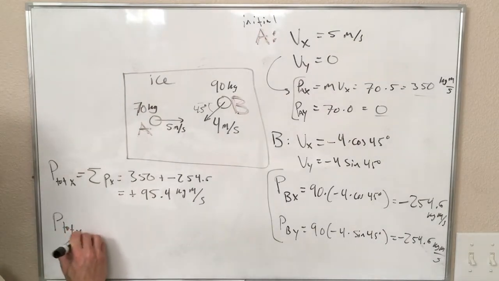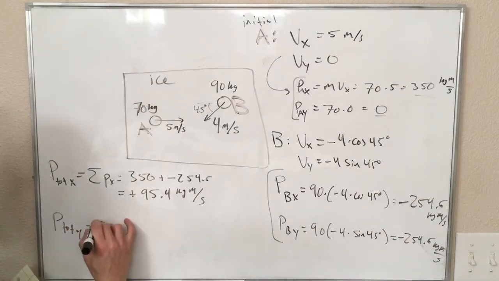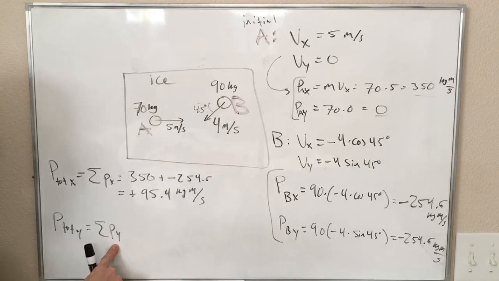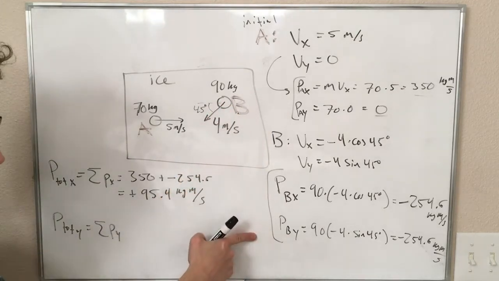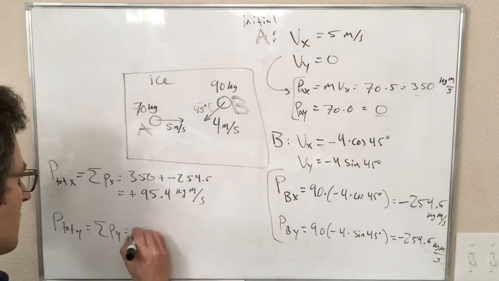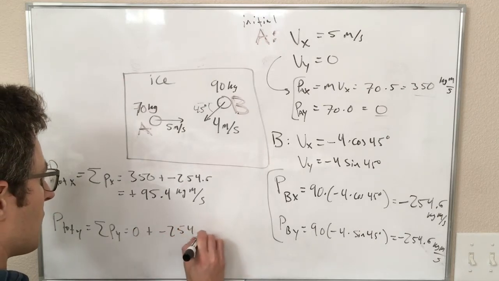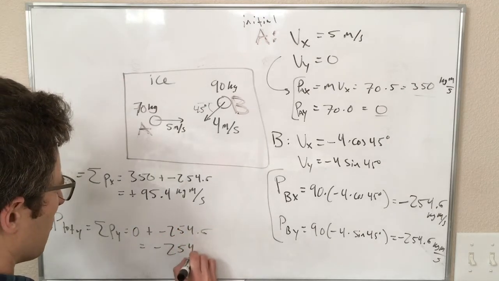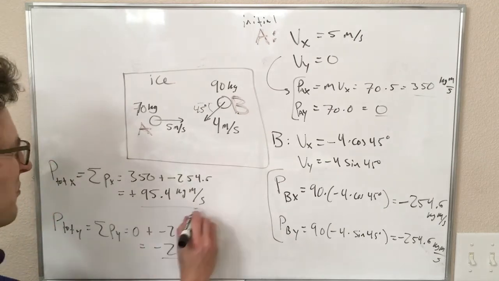In the y direction, we have the sum of our y momentum, so that is 0 plus minus 254.6, which is just equal to minus 254.6 kilogram meters per second.